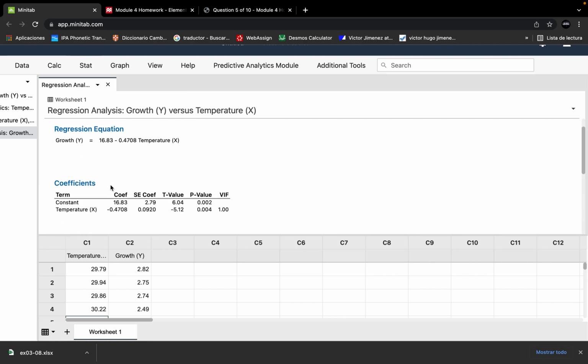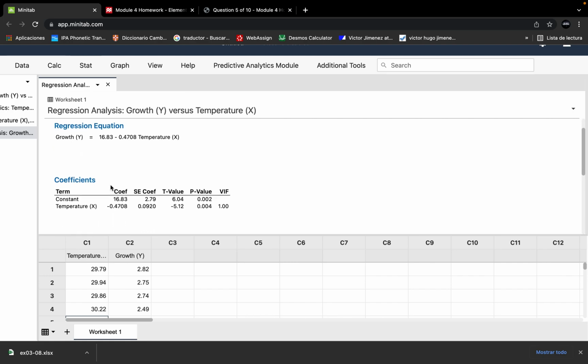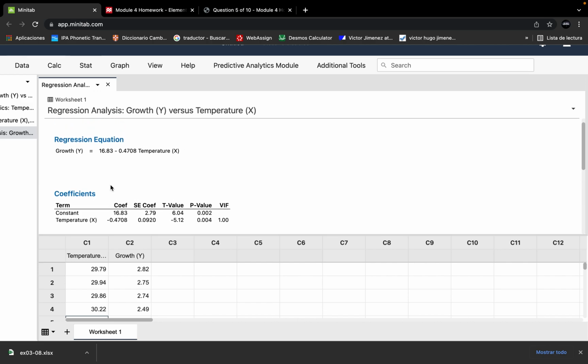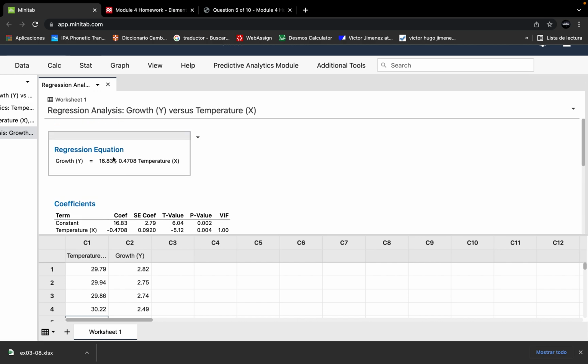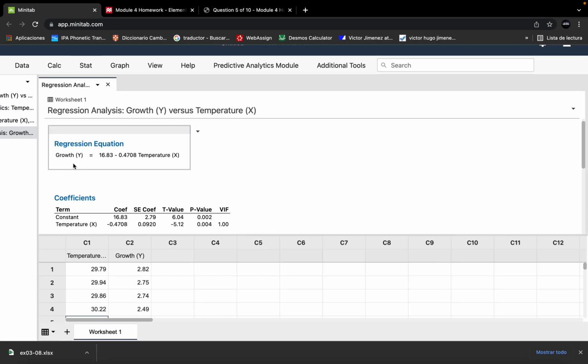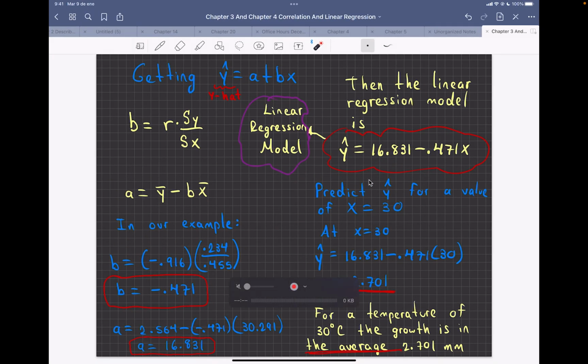And you're going to be given these results. So you see the regression equation: 16.83 minus 0.4708 temperature. Is it the same we got? Yeah, it is. 16.831 minus 0.471.